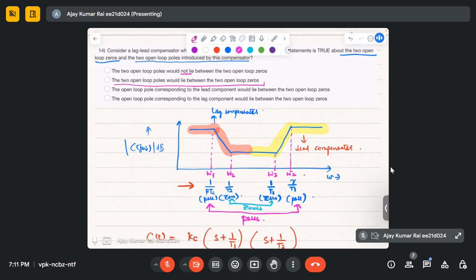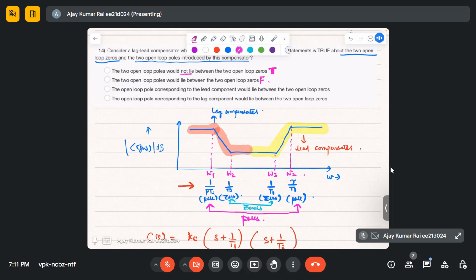So this is false. And the first statement was the two open loop poles would not lie between the two open loop zeros. That is correct, right? Yes, sir. That is correct.